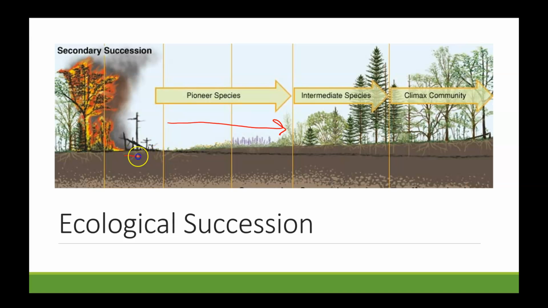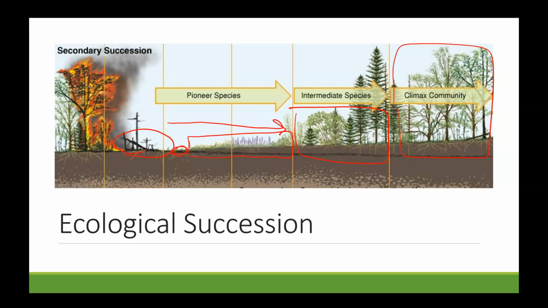So you can see instead of bare rock here, we have some soil that's left over from the fire, right, from the post-natural disaster, and you're going to see some of our lichen here, some moss, and then we have some flowers and some small shrubs that are going to grow, and then my intermediate species in the middle, and then my climax community, which is going to be our full-blown forest. So that wraps up our lesson there with succession.